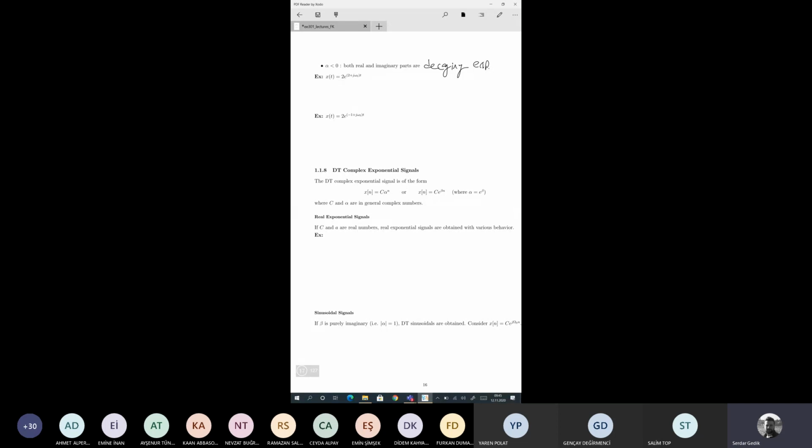As an example, let's assume x of t is 2 times e to the power 2 plus j omega 0 t, then it is equal to 2 times e to the power 2t, e to the power j omega 0 t, and it's equal to 2 times e to the power 2t cosine omega 0 t plus j sine omega 0 t.